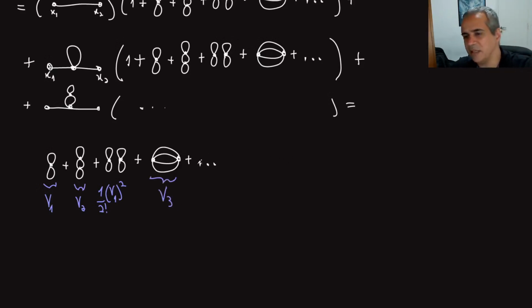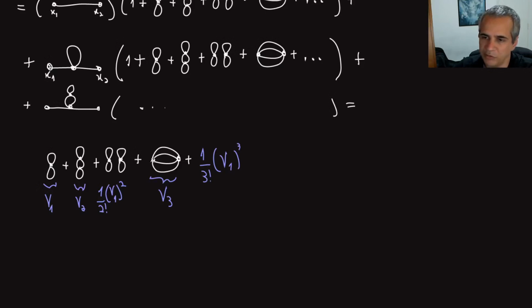And you can see that if I go forward with this series, what kind of things can I have? I can have 3 of this diagram, which will be now, let me use the same color, 1 over 3 factorial V1 to the cube. That's another possibility that could show up here.